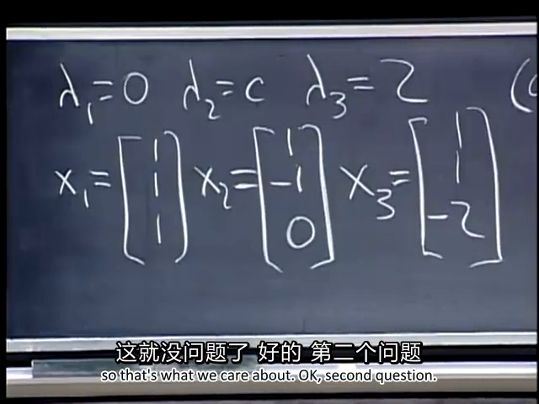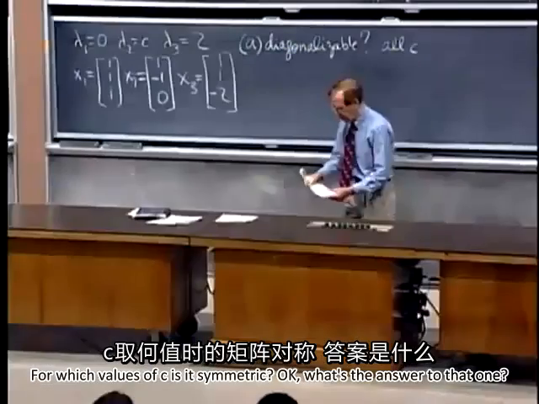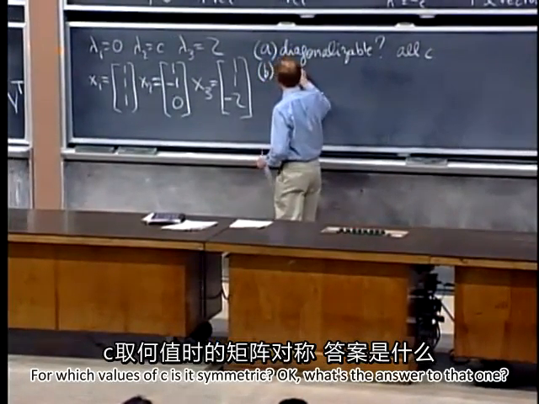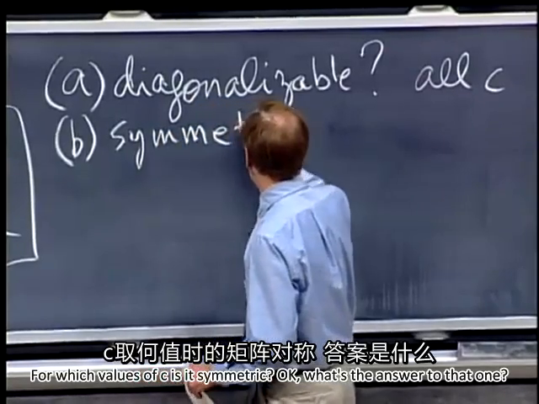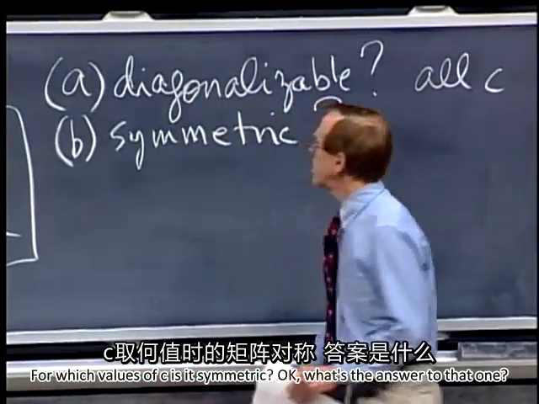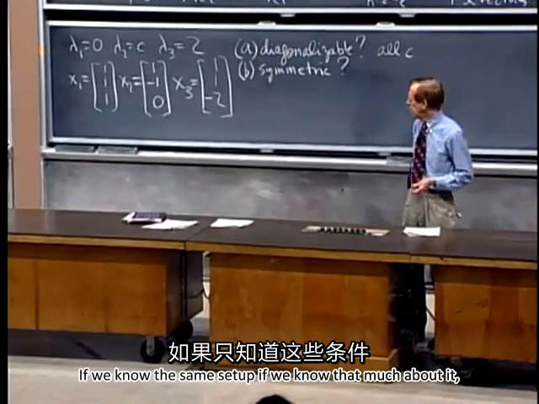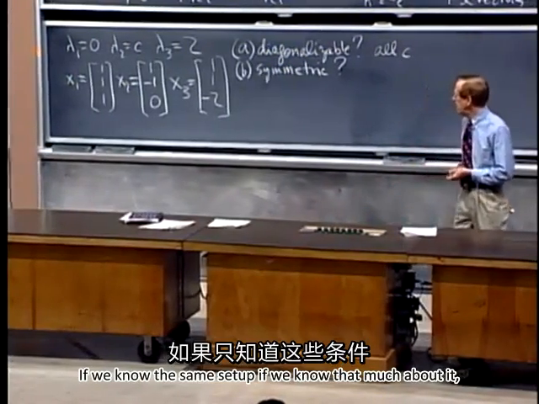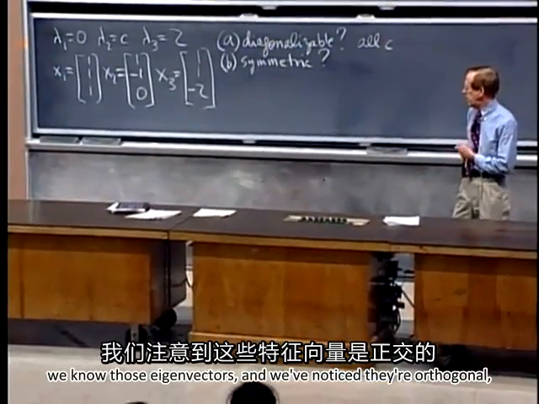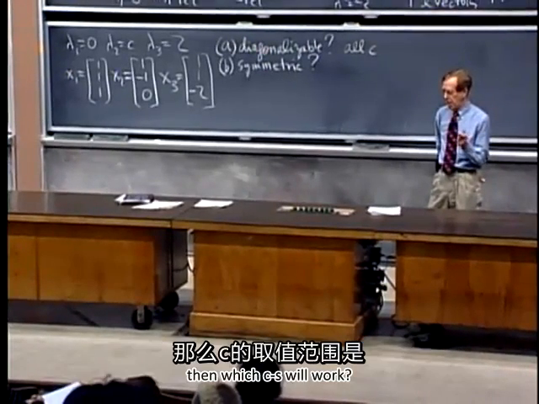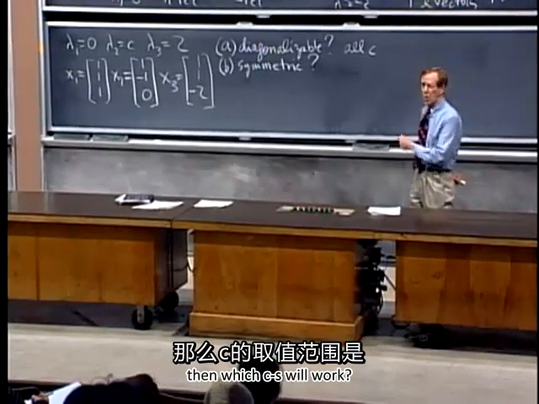Okay, second question. For which values of C is it symmetric? Okay. What's the answer to that one? If we know the same setup, if we know that much about it, we know those eigenvectors, and we've noticed they're orthogonal, then which C's will work?